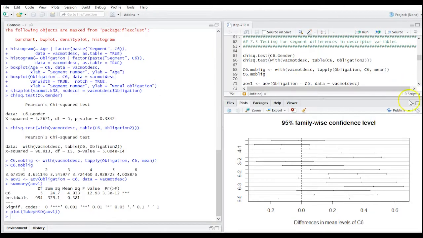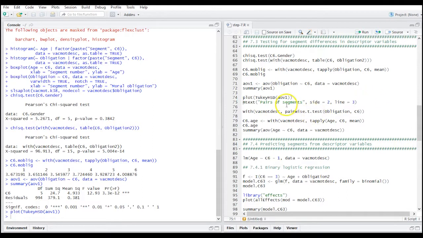Alternatively to the Tukey thing, we could also look at pairwise t-tests. So the function pairwise.t.test calculates, for that variable, for each of two levels of that factor, a comparison.